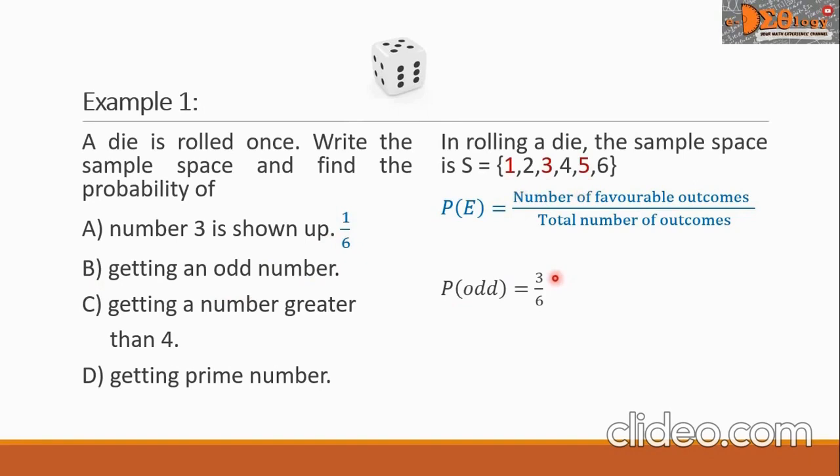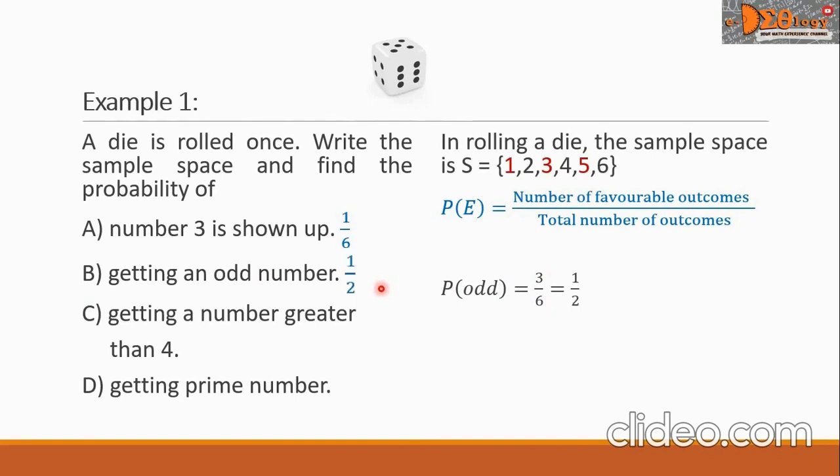So we write 3 in the numerator over 6 as the total number of outcomes. This 3 over 6 can be simplified into 1/2. So our answer for the probability of getting an odd number is 1/2. Let us copy this answer opposite letter B.